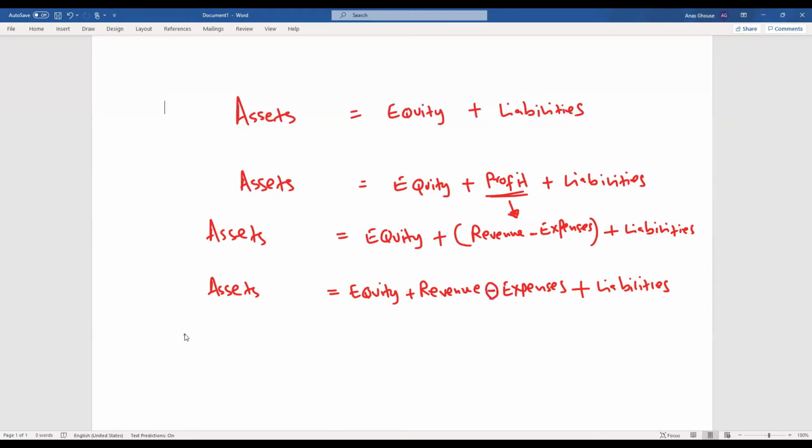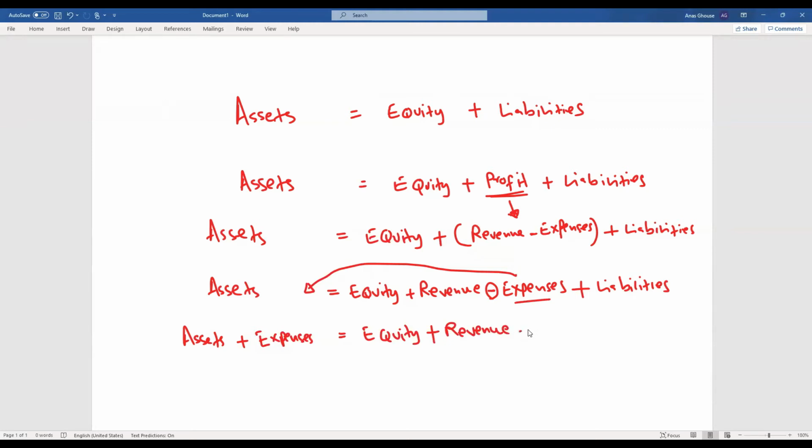So therefore, assets plus expenses equals equity plus revenue plus, now remaining is liabilities.